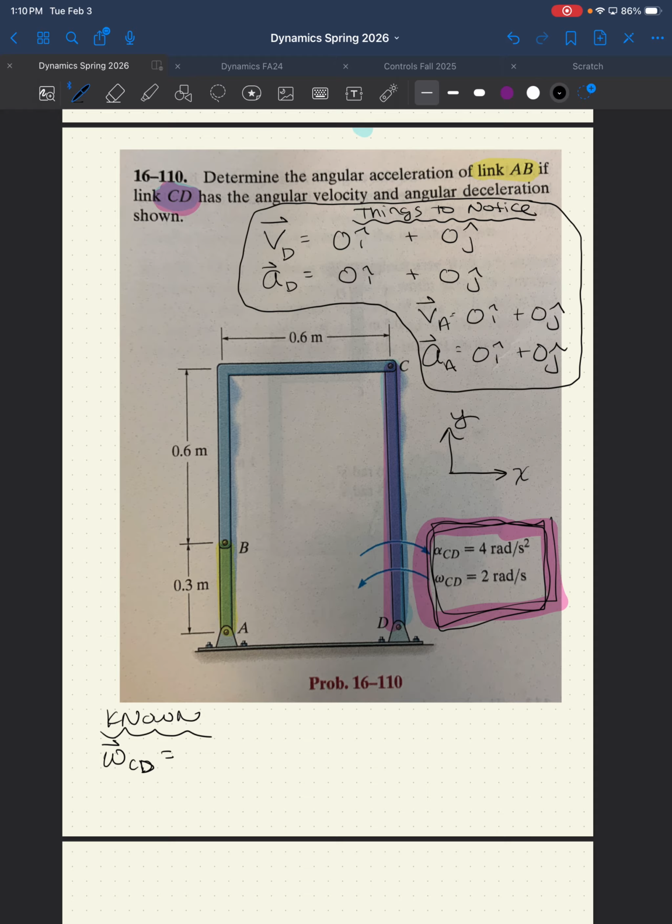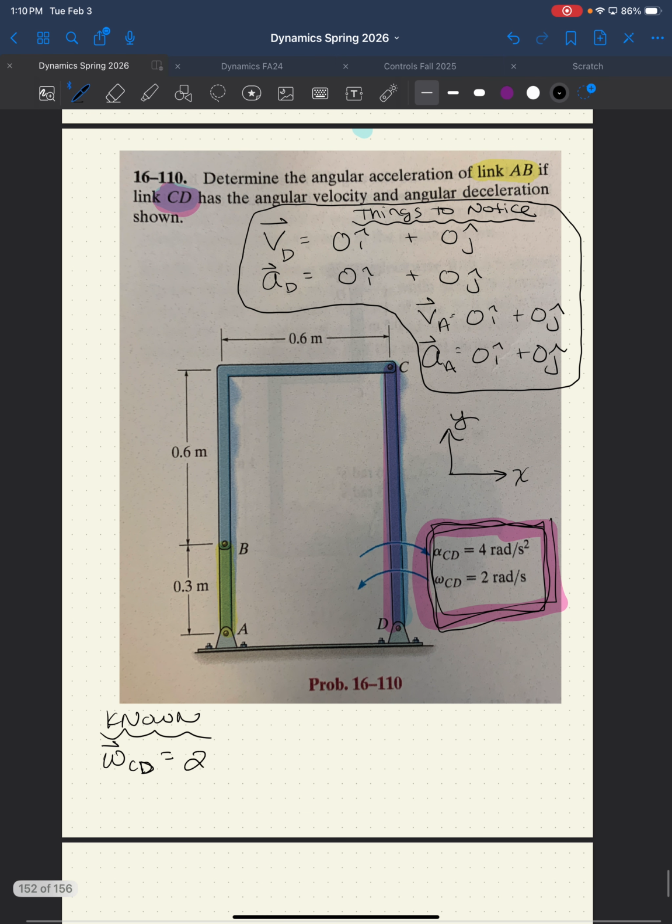Let's look. It says omega goes that way. So if I use my right-hand rule and I follow the arrow, my thumb points out of the page, which is positive Z. Very good. So it's 2 k-hat. Great. Just the magnitude and then the axis of rotation direction.